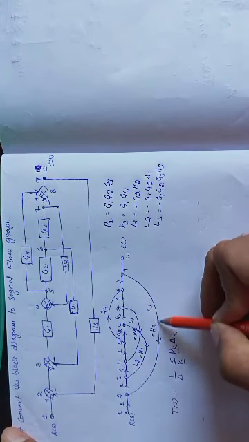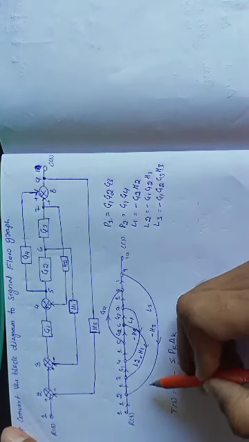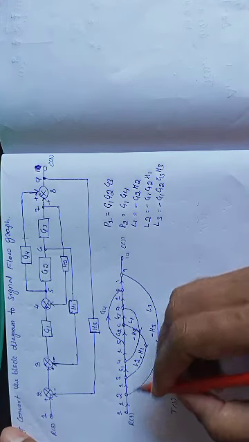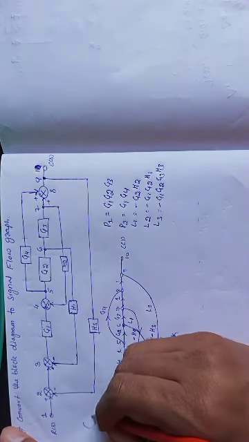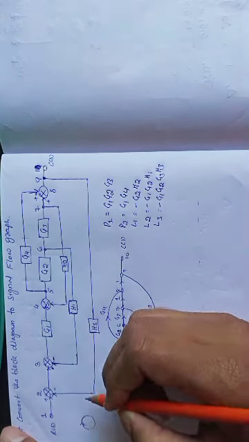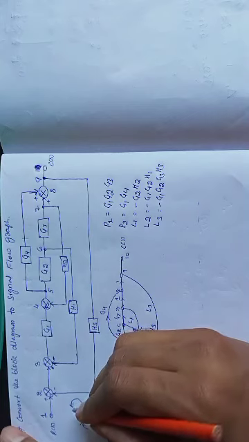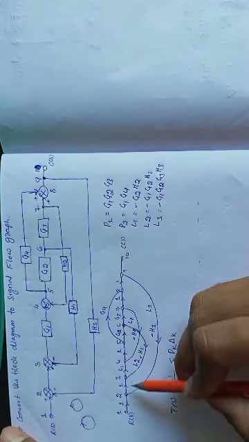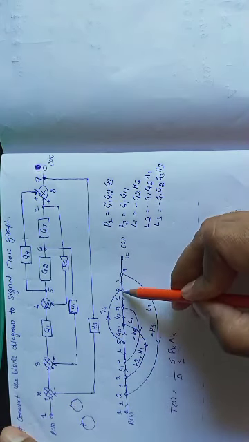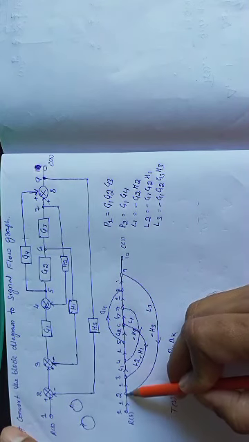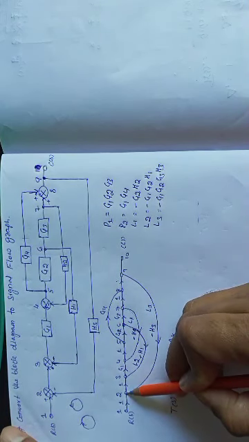It is like this. One thing you have to understand is that you have to trace either clockwise or anti-clockwise like this. Here the clockwise direction you have to observe, and it has to end at the same node.